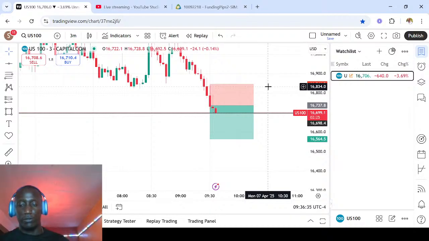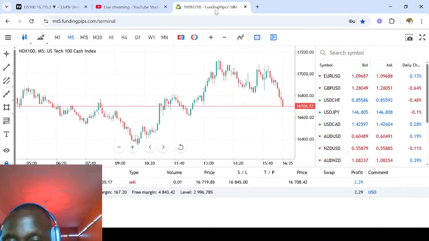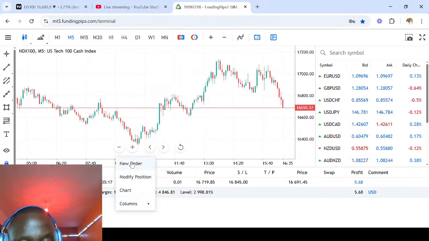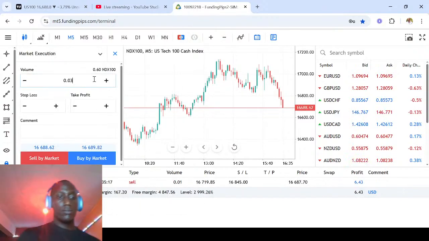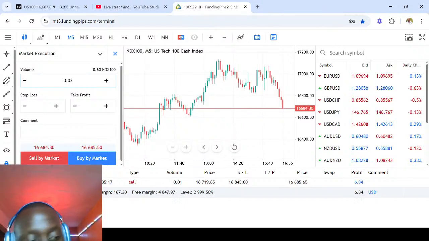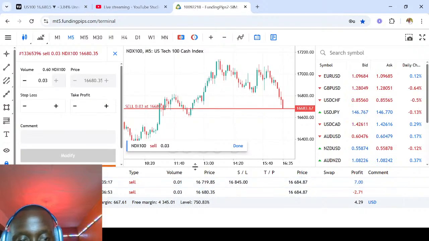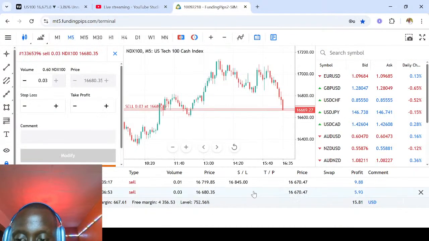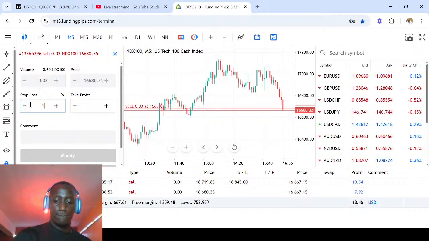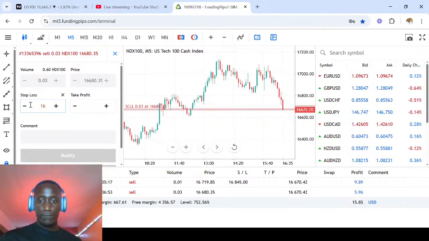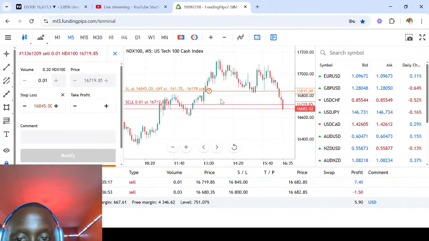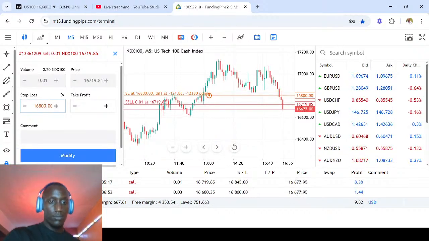Move stop loss to 16,800, which means also move this one to 16,800.